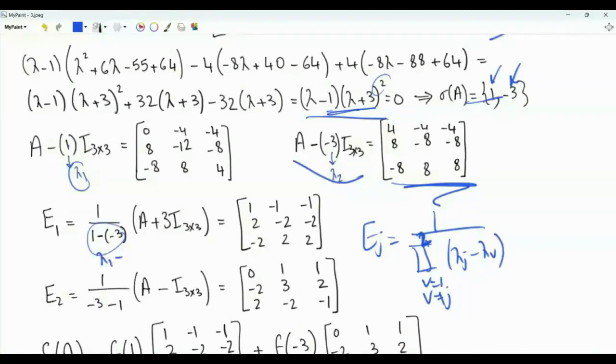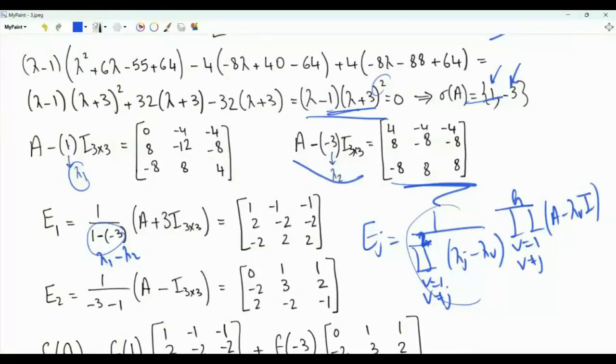So what we have here is lambda 1 minus lambda 2, 1 minus minus 3. And then this scalar is multiplied by the matrix A minus lambda V times identity. V again goes from 1 to k, which is 2, and V is not equal to J, which is 1. So V has only one value, which is 2, and lambda V is minus 3.